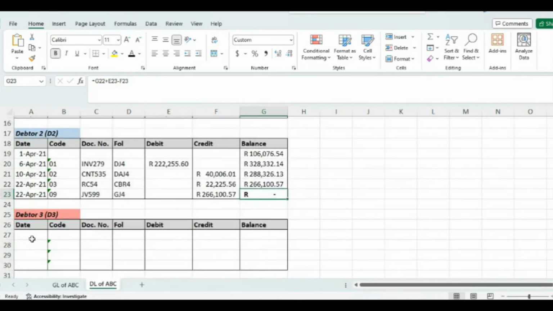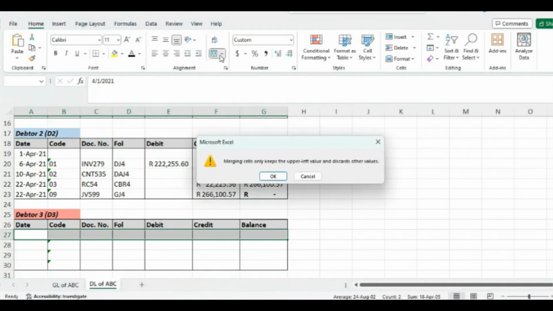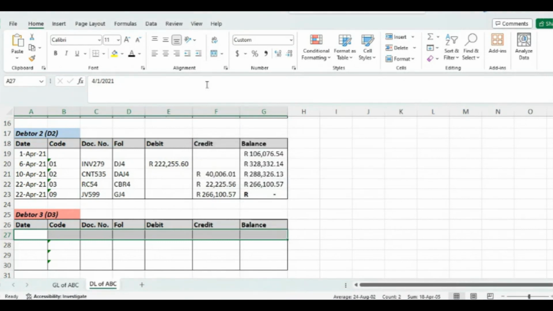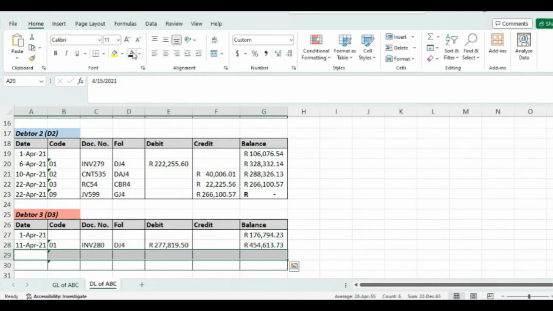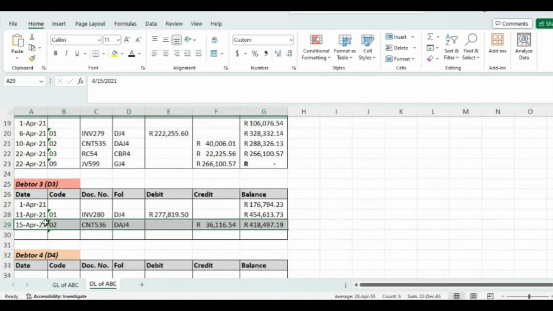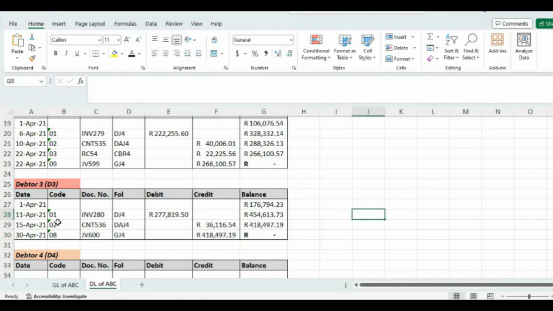Okay, we're going to look at debtor 3. Once again, there is a balance at the beginning of the month. We know that there is a sale. We know that there is a return. And then, of course, we get that sad information that he has gone bankrupt.